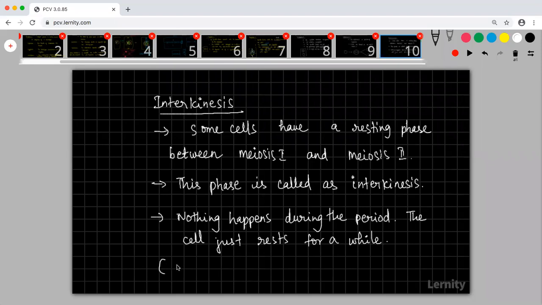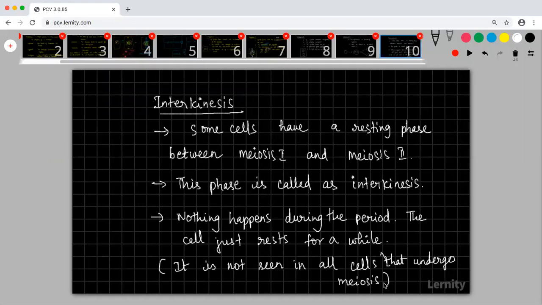And one more thing, it is not seen in all cells. It is not seen in all the cells that undergo meiosis. Some cells will show interkinesis, some will not.